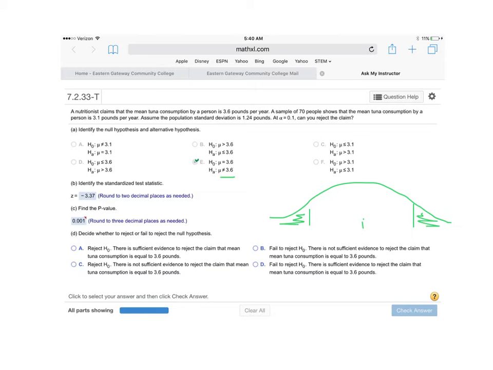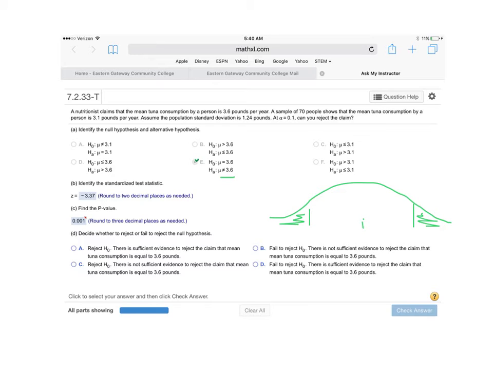And in Part C, we're having some difficulty finding the p-value given the z-score of negative 3.37. So what you have to do is pull up Table 4, your table of standard normal distributions, and look up a z-score of negative 3.3 in the far left column, and then go over to the third column in from the left where you see a 0.07 at the heading of that column.